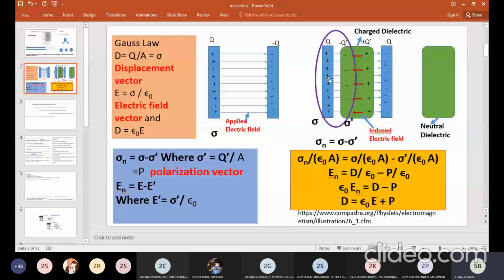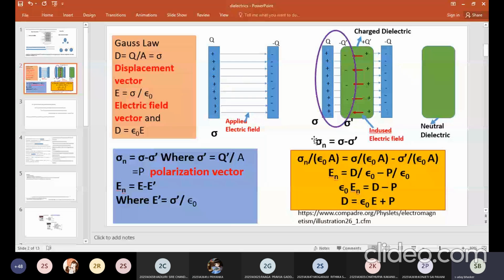Q is placed on an area A, so Q by A is the applied free charge density rho, and Q dash on area A gives the induced charge density rho dash, equal to Q dash by A. The net charge density is the applied charge density minus the induced charge density.